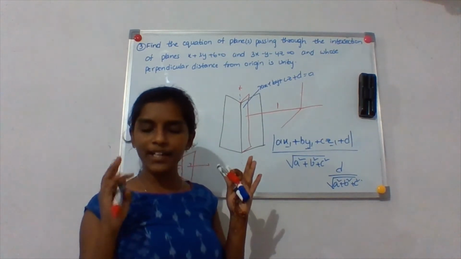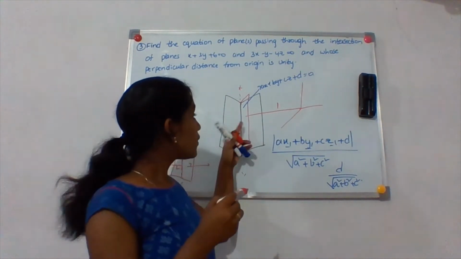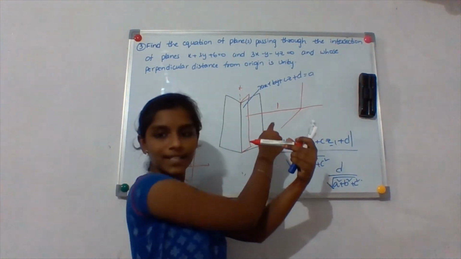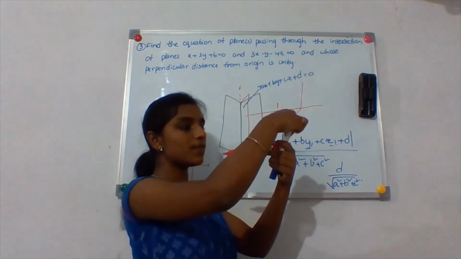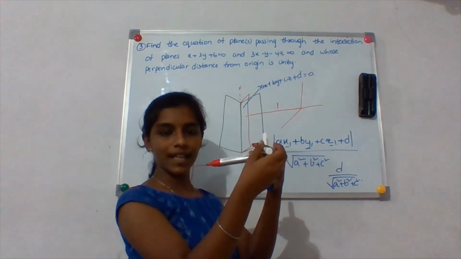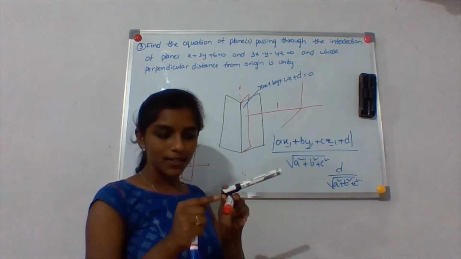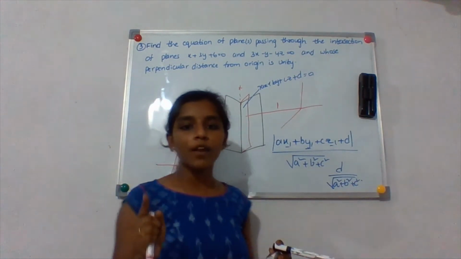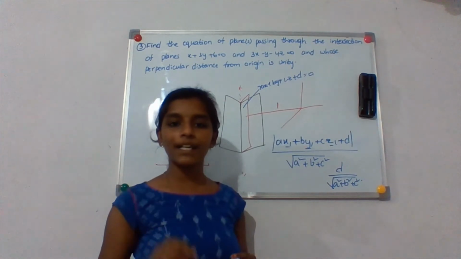Have you got the point? Just imagine the normal to this plane facing this side, and the normals to these two planes facing you, like this. So these two are perpendicular. In the same way, the normal of this plane and the normals of the two planes are perpendicular.